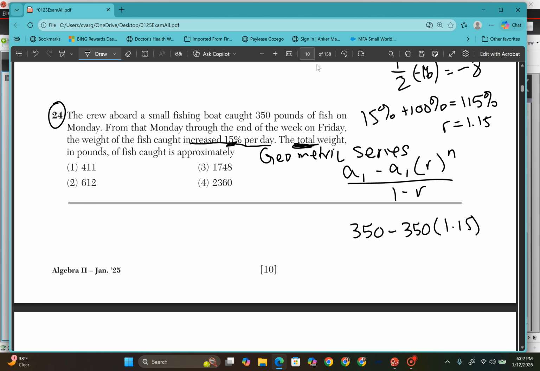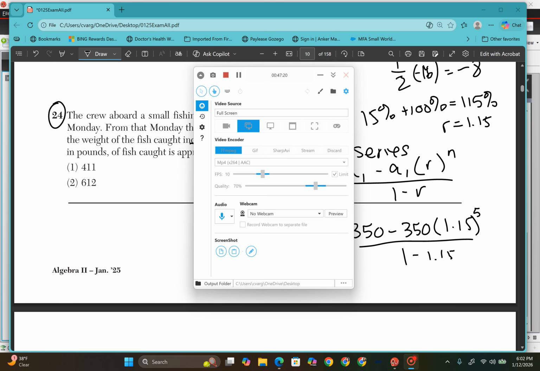So how many days are we doing this? From that Monday through the end of the week on Friday. That is 5 days. So to the 5th power over 1 minus 1.15. This whole thing can go into a calculator. And we're done. So let's do it.